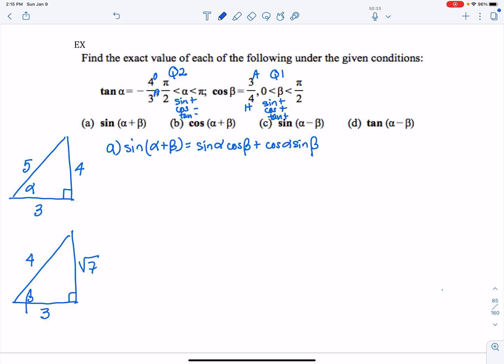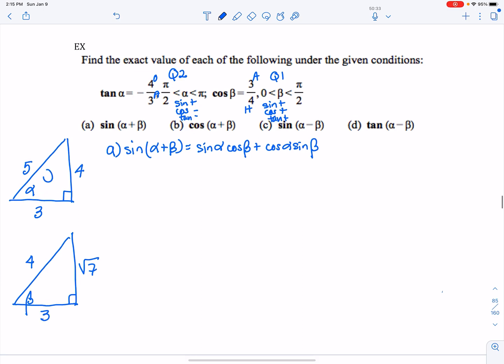So remember, alpha's in quadrant 2, so sine is positive. Sine is opposite over hypotenuse, so that's 4 over 5. And beta's in quadrant 1, so everything's positive there, and cosine is adjacent, which is 3, over the hypotenuse, which is 4, plus.